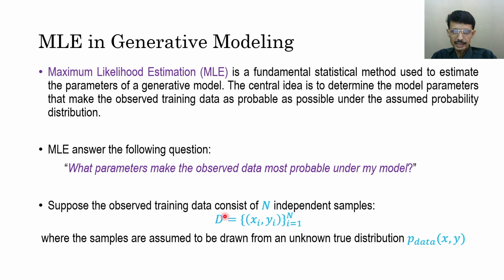Now, suppose this observed training data consists of n independent samples, each a feature vector x and the corresponding label y. I use capital N for the count. The samples are assumed to be drawn from an unknown true distribution, p data of x comma y. This distribution is known only by virtue of the samples; actually it is unknown, the real distribution.